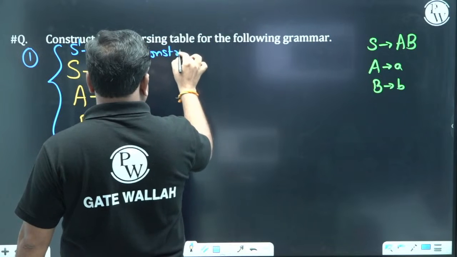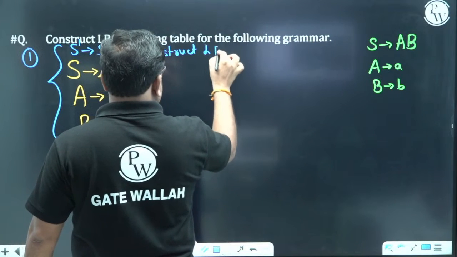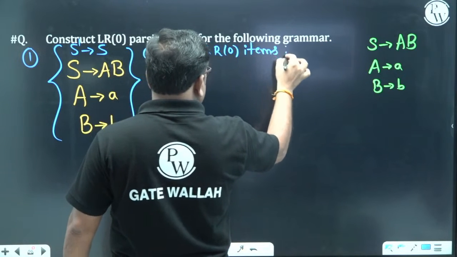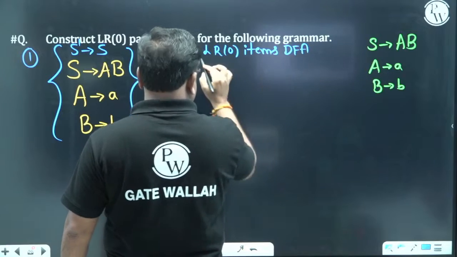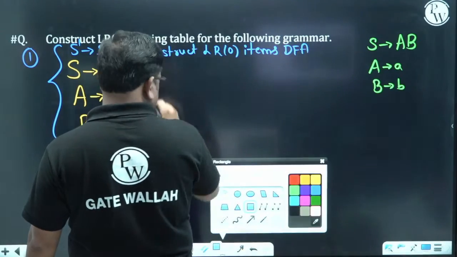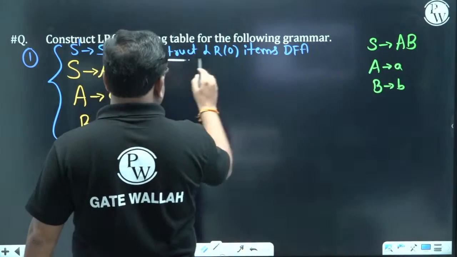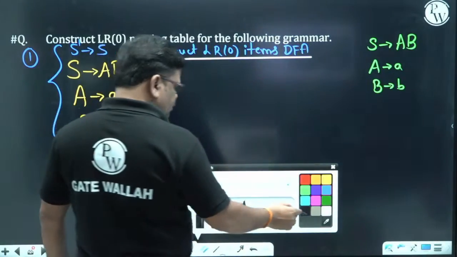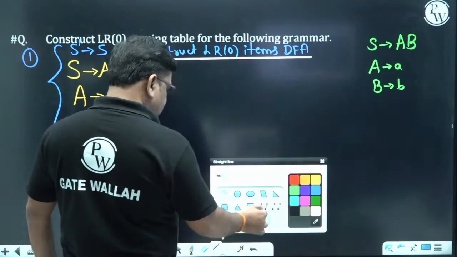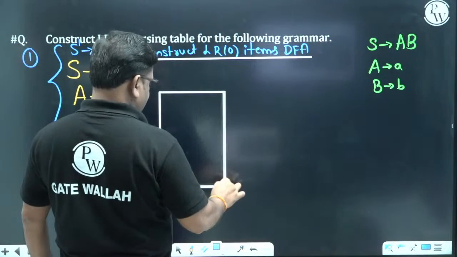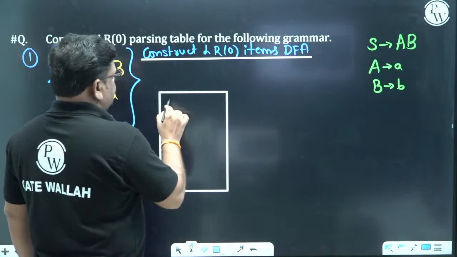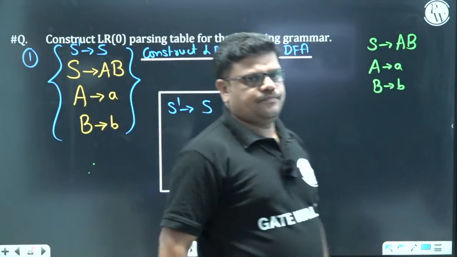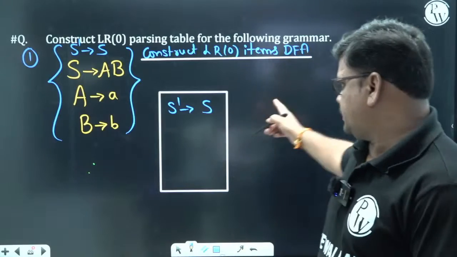So I am directly constructing the LR0 items DFA here. Look at the construction of LR0 items. First take the augmented production.